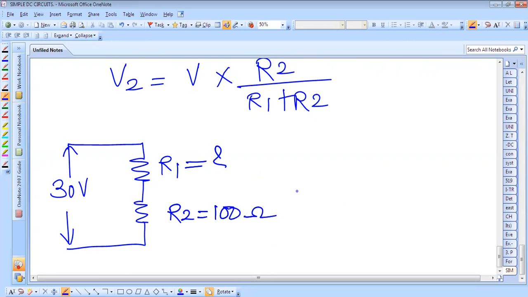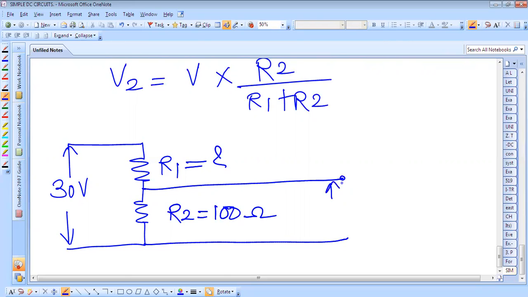The total voltage is given as 30 volt, and the voltage across this resistance is given, 10 volt. So V2 is given, and we are required to find the resistance R1.